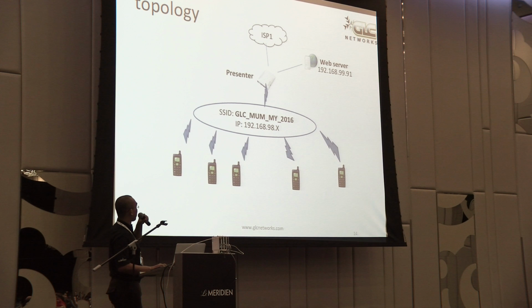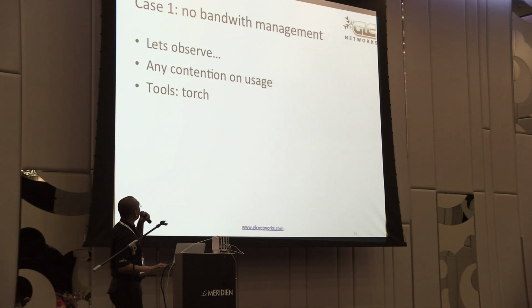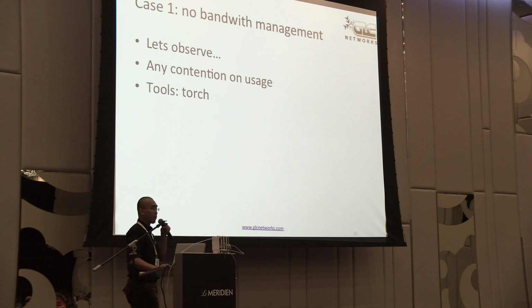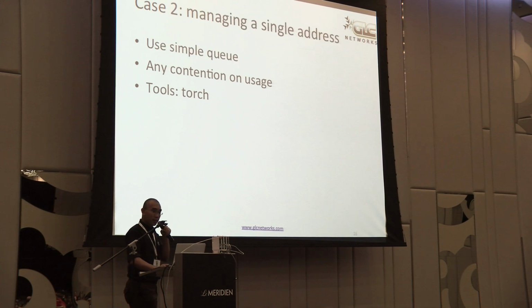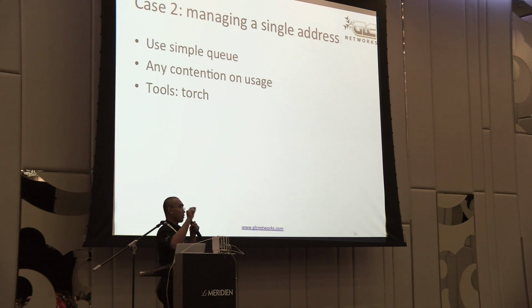This is the topology that we are using. Case number one: we don't have any bandwidth management here, so one user can dominate the bandwidth. Case number two: we are managing bandwidth for a single IP address. On MikroTik, you can do that: you put the IP address, and here's the bandwidth.